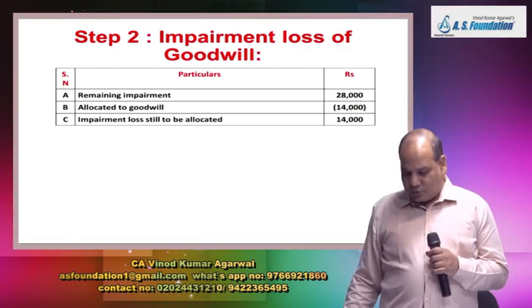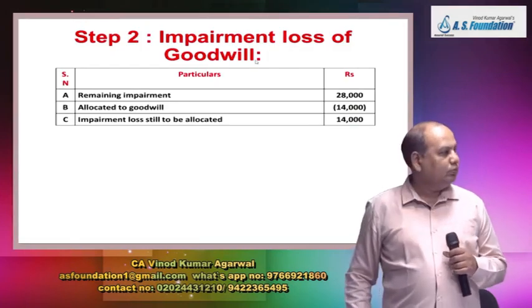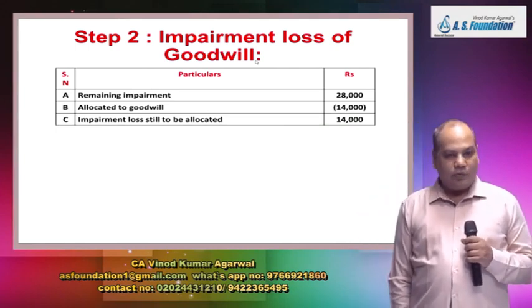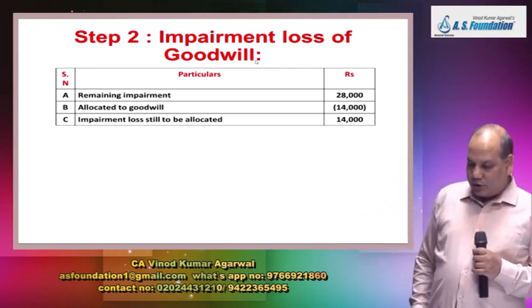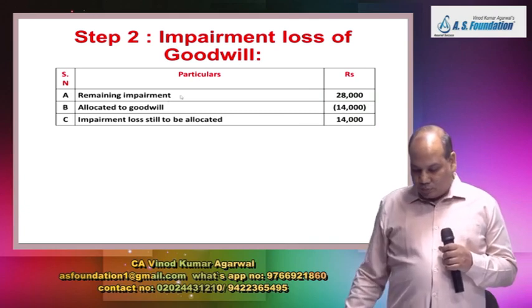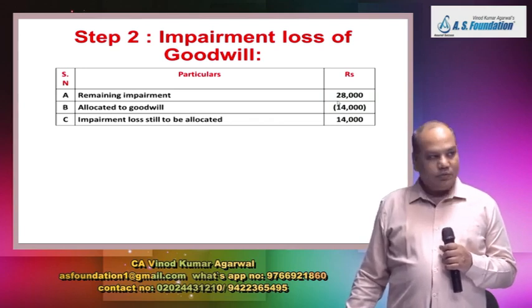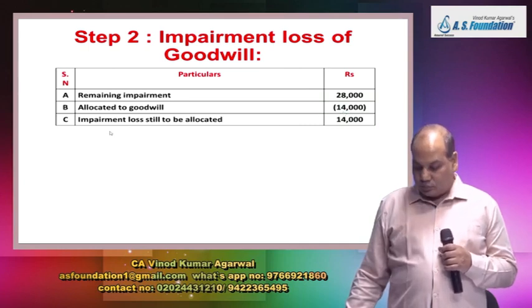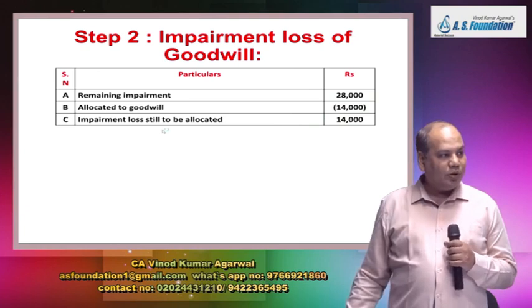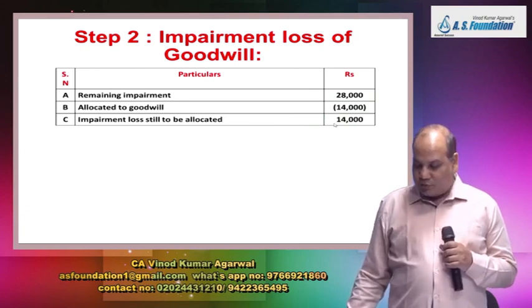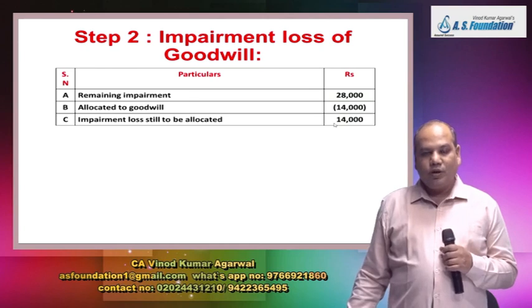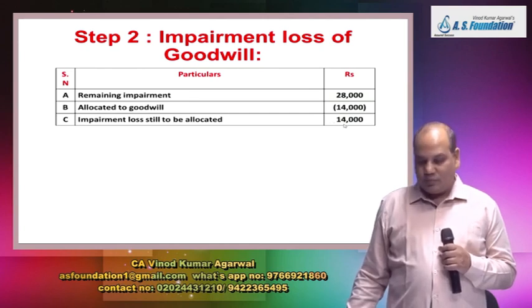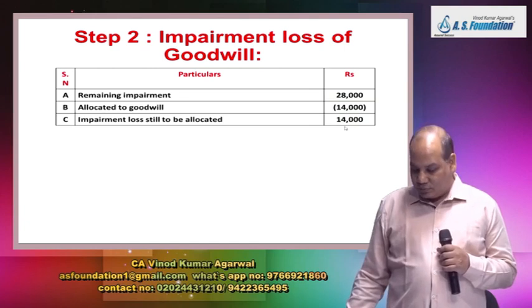So write down working note 2, impairment loss of goodwill. Right hand side rupees. Point number A, remaining impairment 28,000. Point number B, allocated to goodwill 14,000. And then impairment loss still to be allocated is 14,000.